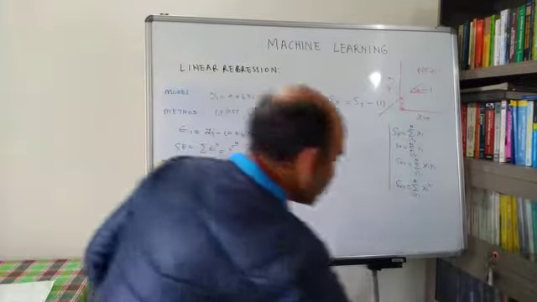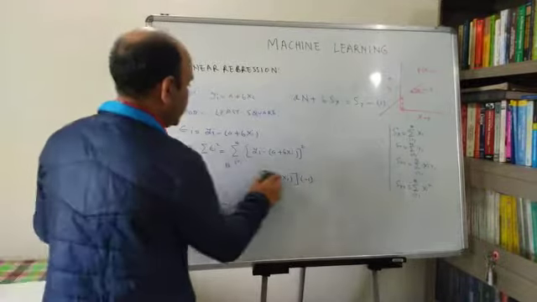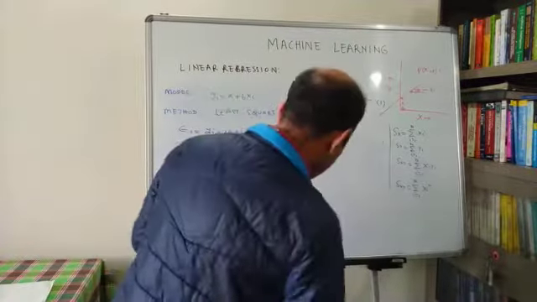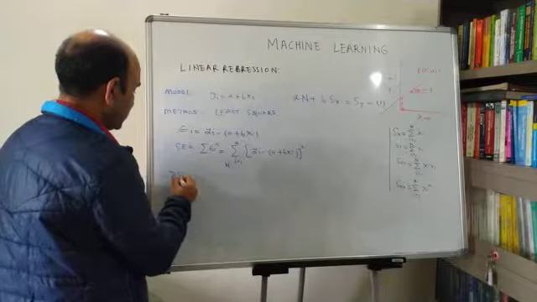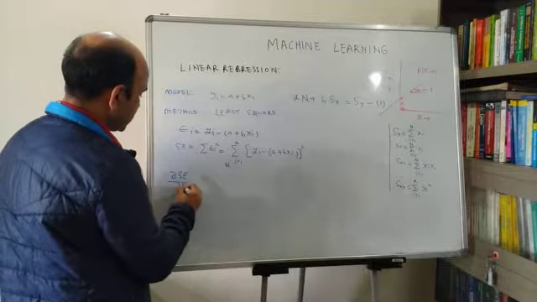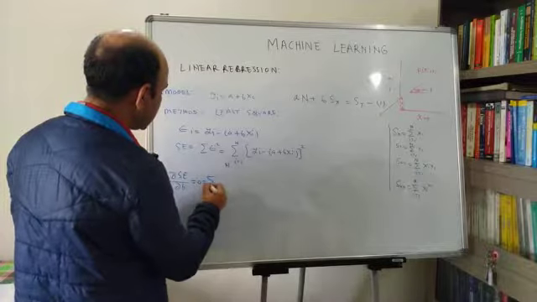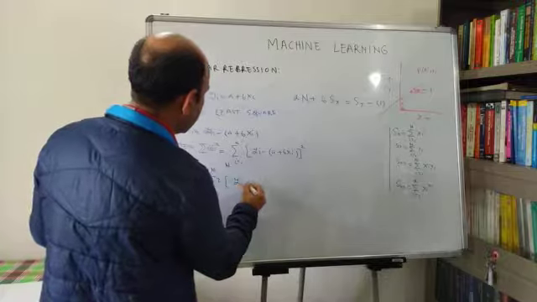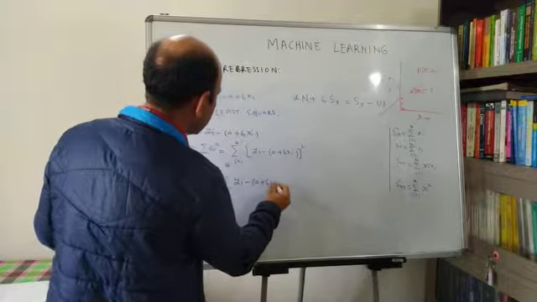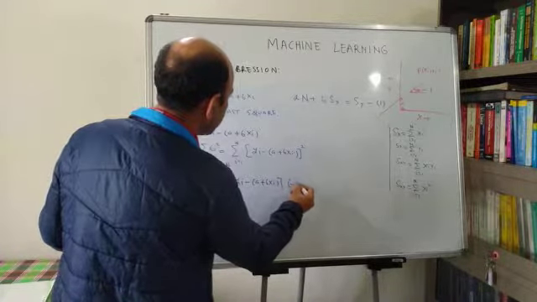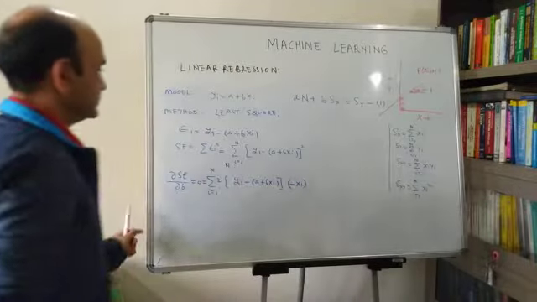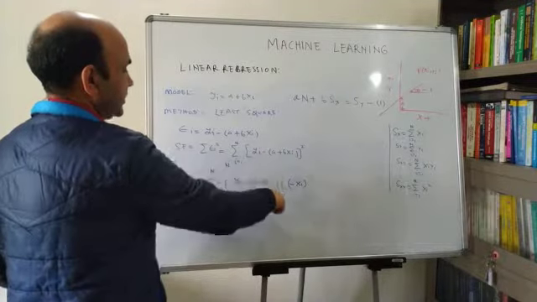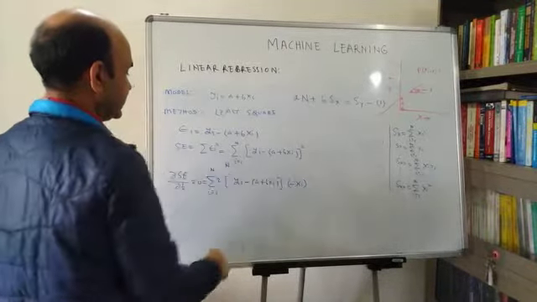Now we can get a similar equation for b also. So how do we do it? It gives us the sum from i = 1 to n of (yi - (a + bxi)), it is the same, but here we get minus xi, because with respect to b we get minus xi.